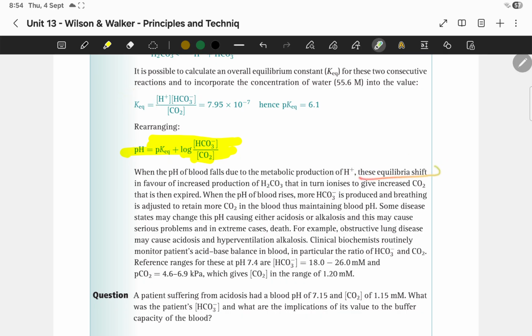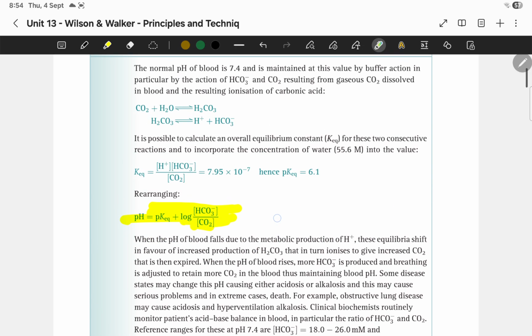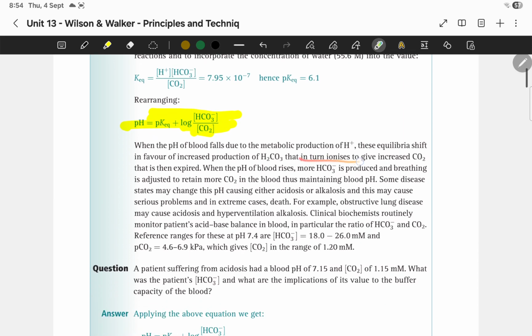The shift is in favor of increased production of H2CO3, that in turn ionizes and gives carbon dioxide that is then expired. When the pH of blood rises, more HCO3 is produced and breathing is adjusted to retain the carbon dioxide.